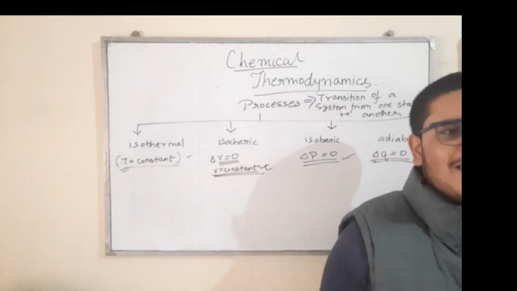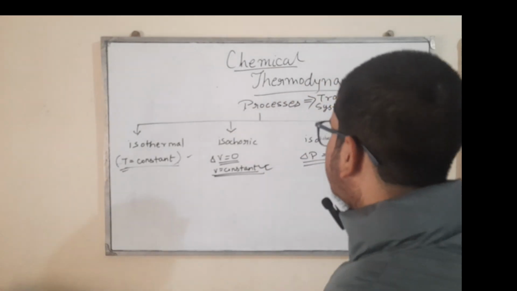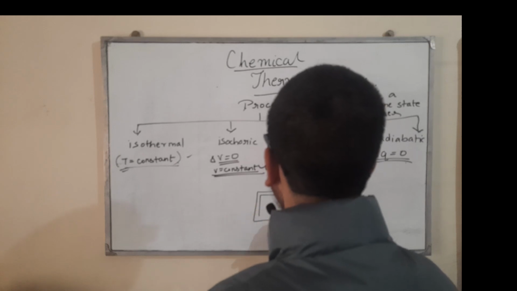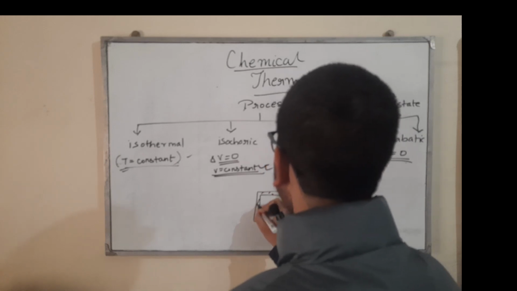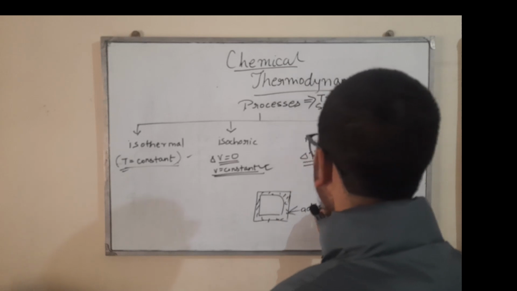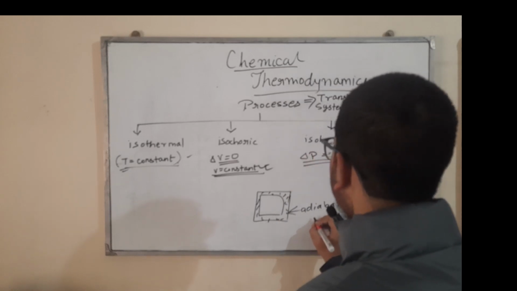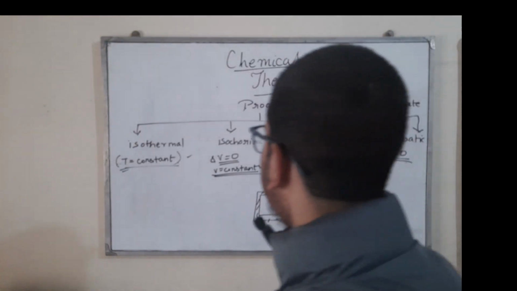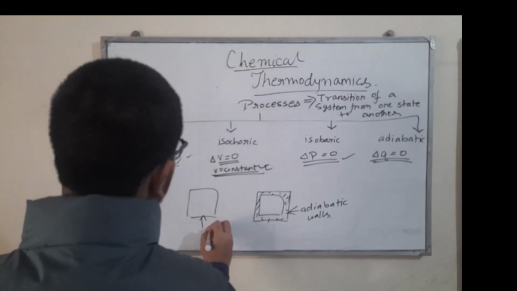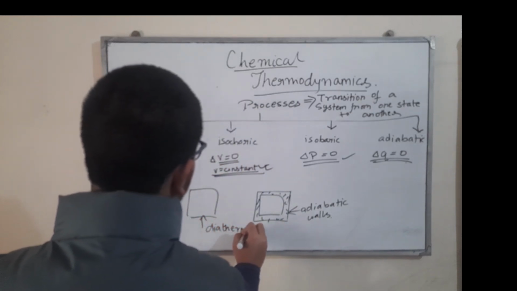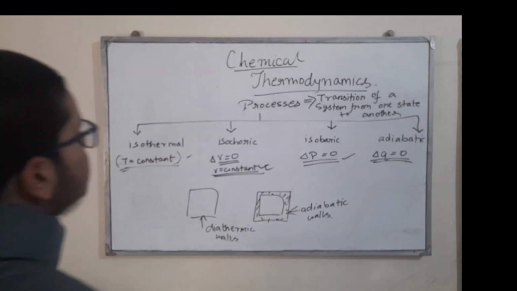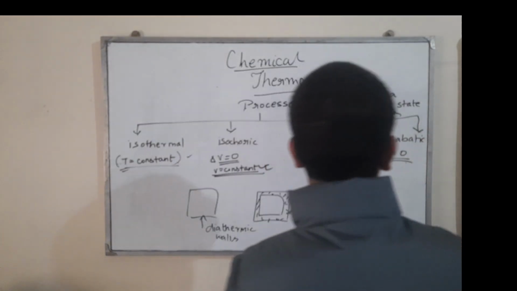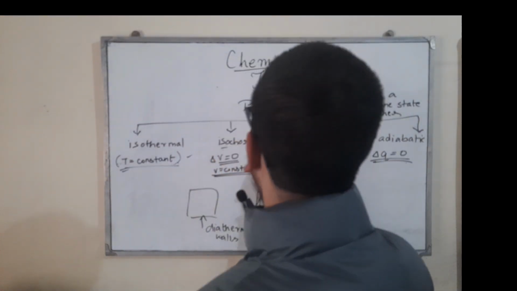If you recall, I had told you that there is this thermos flask with insulated walls, these insulated walls are called adiabatic walls, and if it's not insulated, if it allows exchange of heat and energy, then it's called diathermic walls, if you recall. Now these adiabatic walls, adiabatic means no heat exchange. And what is this iso?